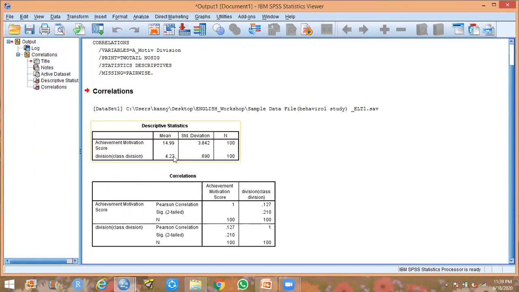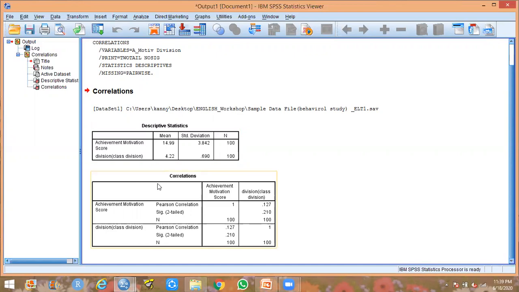In that way, the mean score is 4.22, so this comes under first class. This means most of them are first class students. In that way, you give a little conclusion about the descriptive statistics for achievement motivation and as well the division or academic performance or achievement.